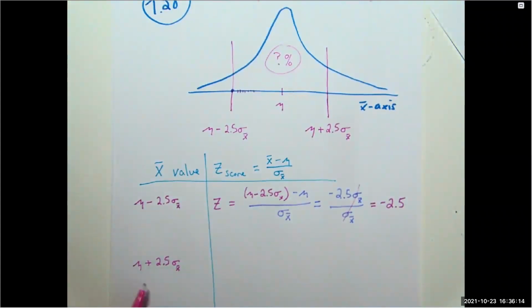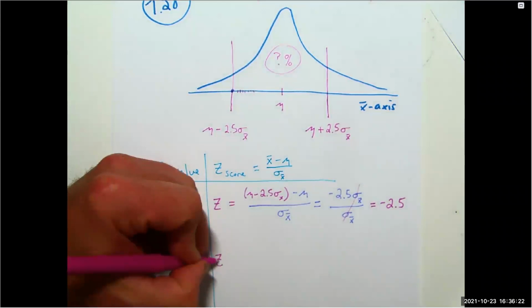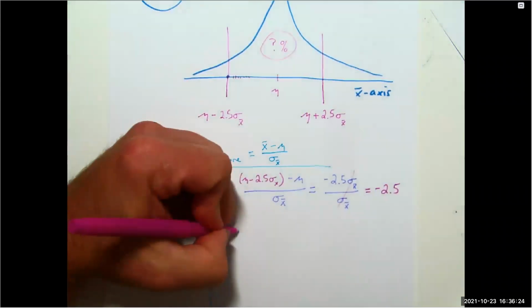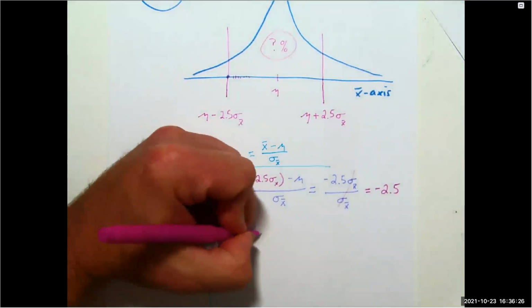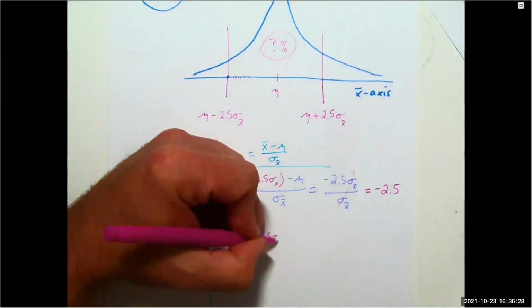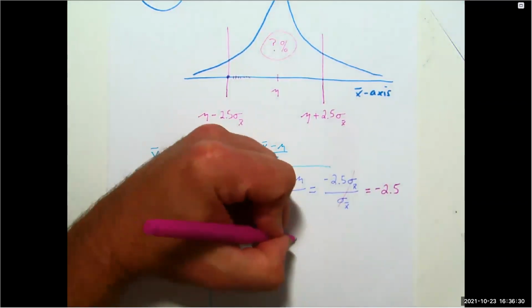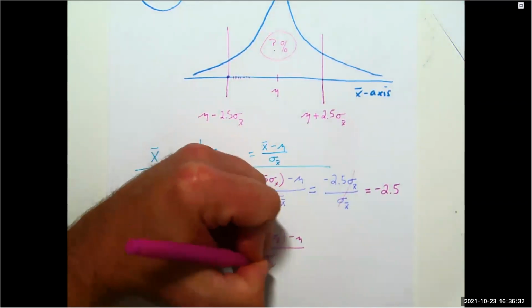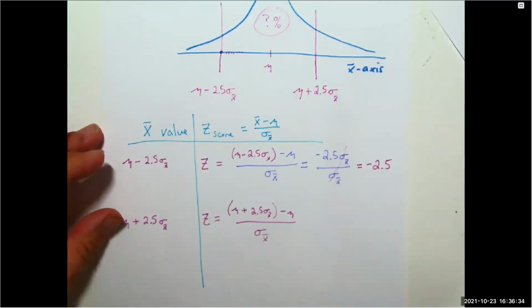And a similar thing is going to happen with the z-score of this x bar value. It's going to give us 2.5. And you can see that here. So that's the setup of the formula.